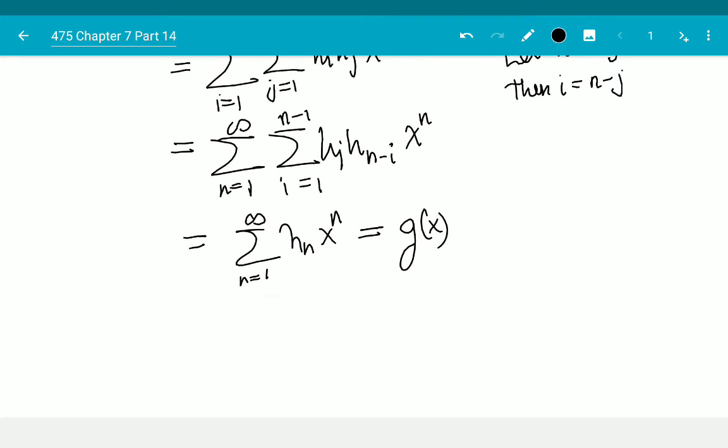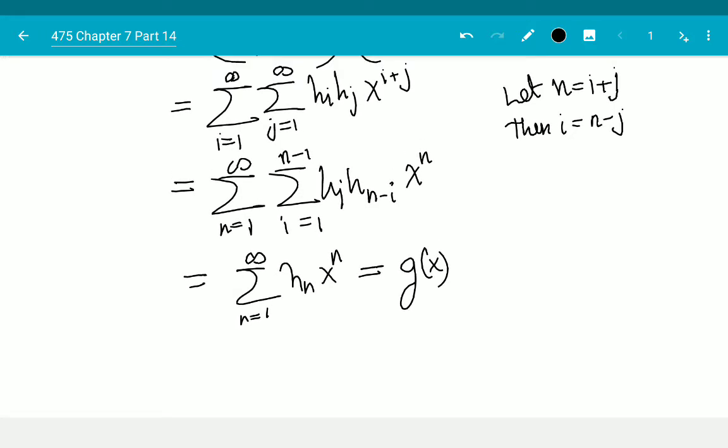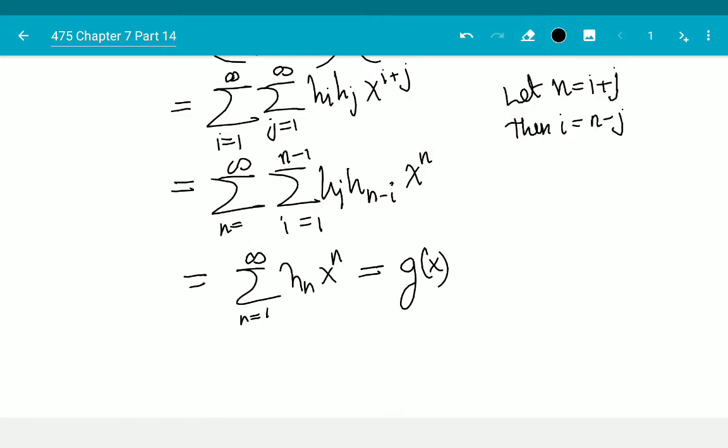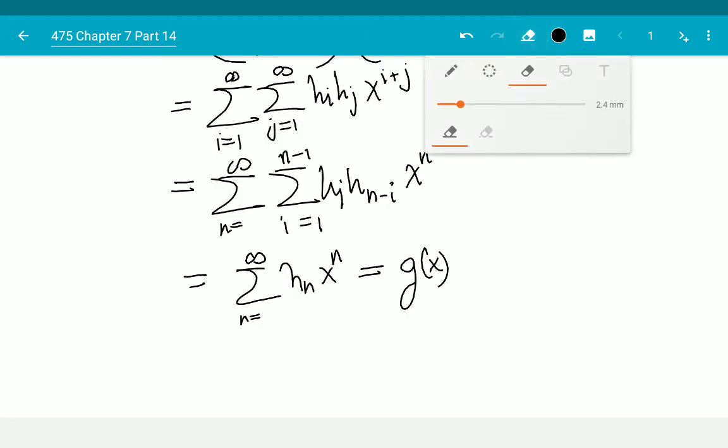And therefore, oh, oops, I forgot a small point, n is equal to 2 to infinity.